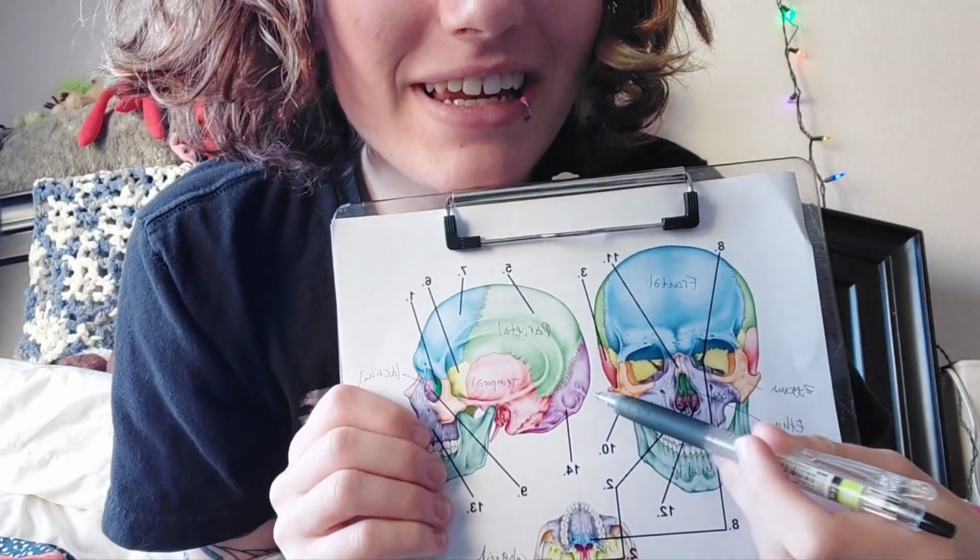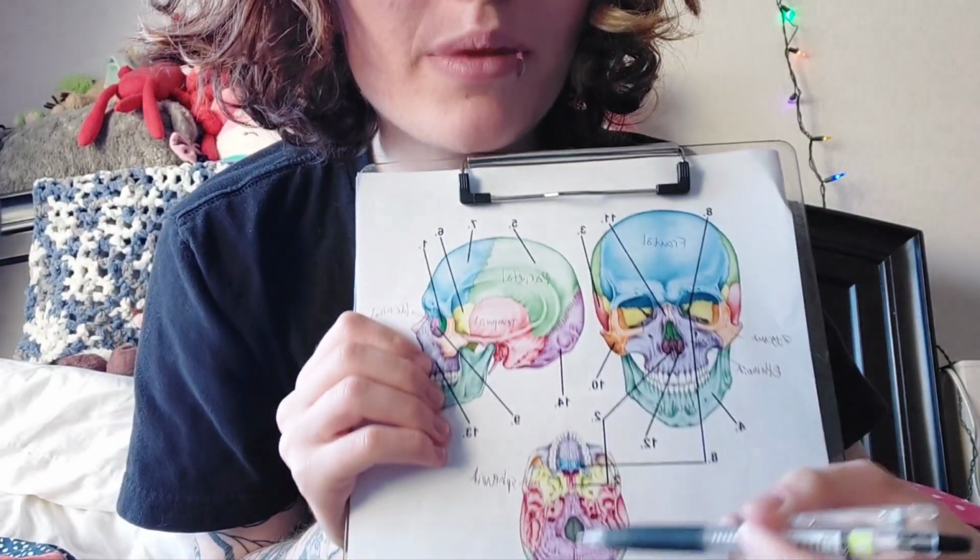Feel that? Okay. And that is this purple bone, this lavender color, and that is called the occipital bone.